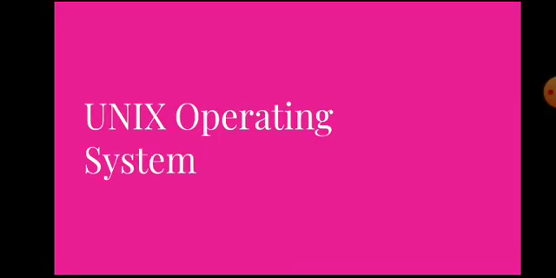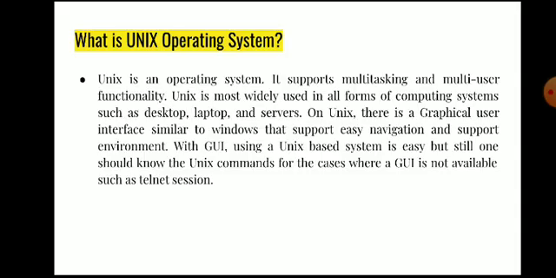Unix operating system. What is Unix operating system? Unix is an operating system. It supports multitasking and multi-user functionality. Unix is most widely used in all forms of computing systems such as desktops, laptops, and servers.